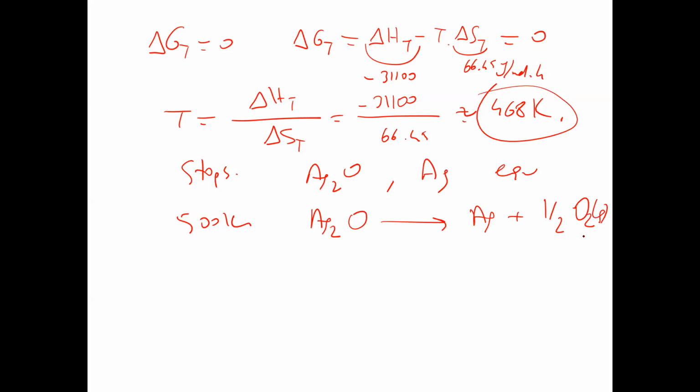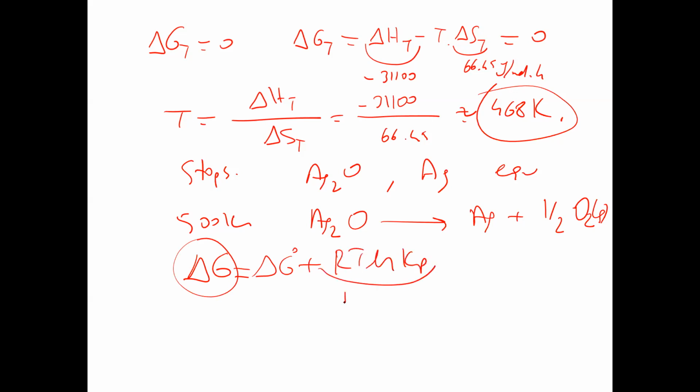And in order for us to calculate the equilibrium oxygen pressure, this is the general delta G, this is delta G standard, and this is RT ln Kp, which is the deviation from the standard state. And this corresponds to 0, and delta G standard is equal to minus RT ln Kp.